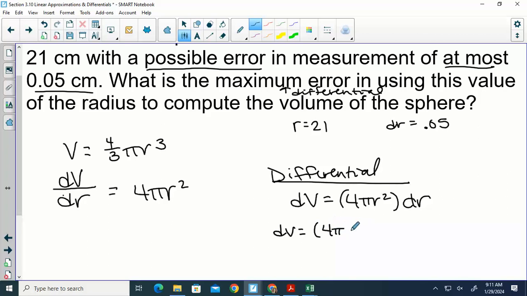4 pi, what's my radius? 21 squared times dr. This is going to be a pretty big number. Let's go ahead and put the pi in as well on our calculator. So 4 times pi times 21 squared times 0.05.